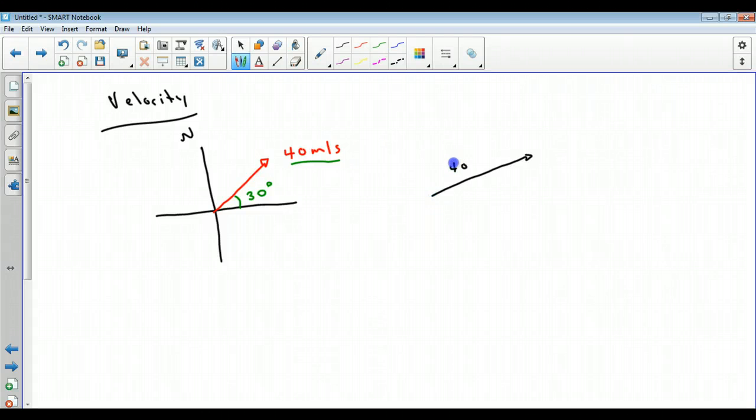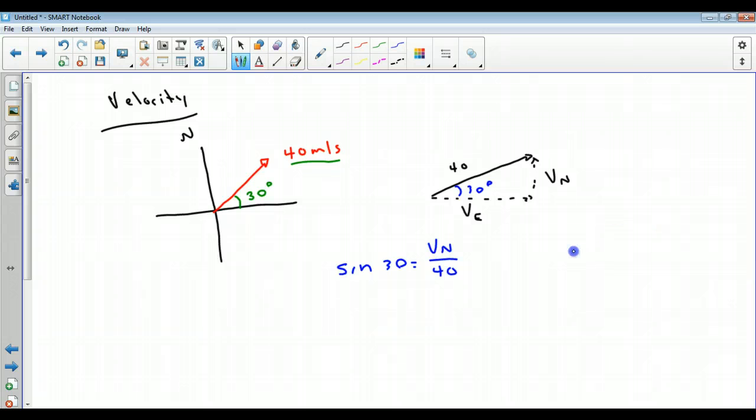So to do that again, we resolve our vector into components. We've got a hypotenuse of 40, and we're looking for this side here, which I will call V east, and this side here, which I will call V north. Now, if this angle in the middle here is 30 degrees, then we can say that the sine of 30 degrees is equal to, SOHCAHTOA, the opposite side, Vn, divided by 40, and similarly that the cosine of 30 degrees is equal to Ve over 40.